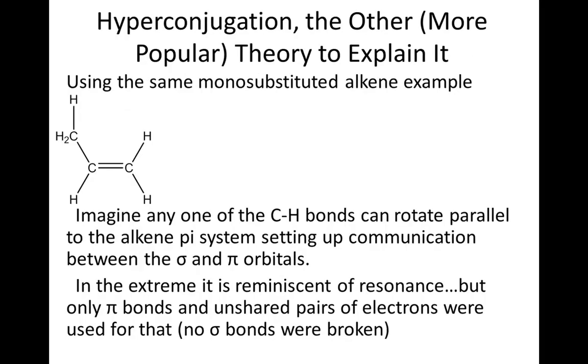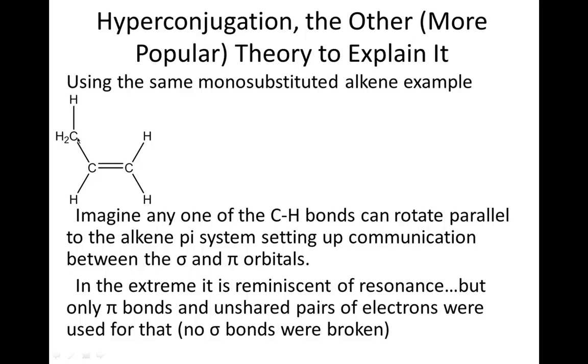So we have this other theory, and it's called hyperconjugation. Let's take the same alkene, a monosubstituted alkene example. What I've done is take a CH3 and expand one of the CH bonds. You know this bond can rotate, so any one of these hydrogens can come into this alignment.